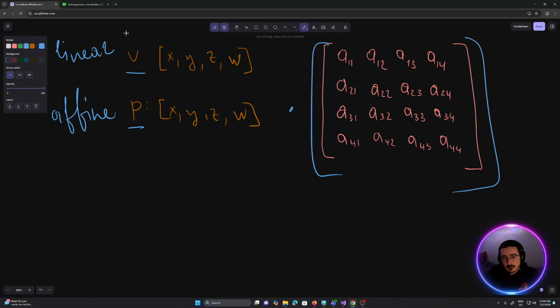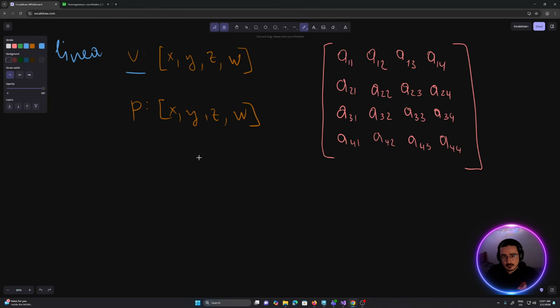rotation, scale, and shear. And for the affine transformation, we also add the translation. So TRS and shear as well. So the main difference between point and the vector is this homogeneous coordinate, this fourth component of our vector.